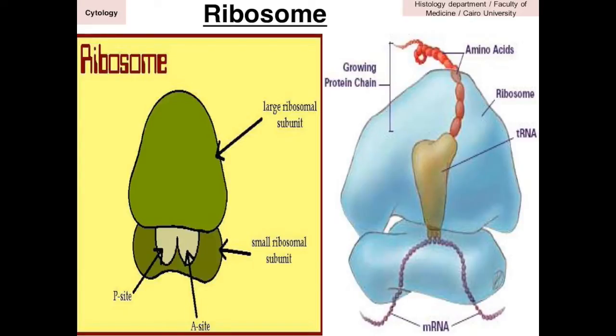Here you can see this small subunit and large subunit, and between we have the messenger RNA, and this is the third type of the RNA, which is a transfer RNA.